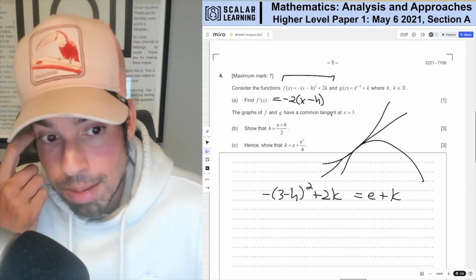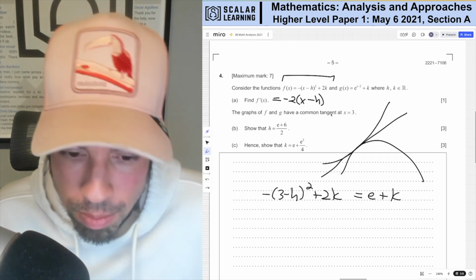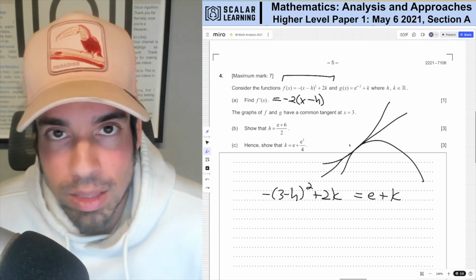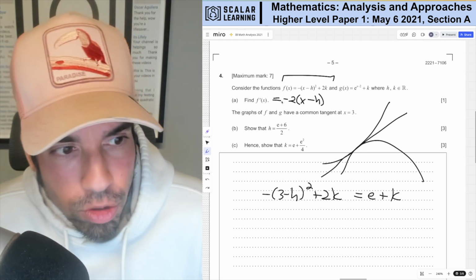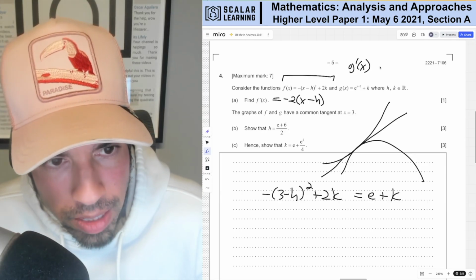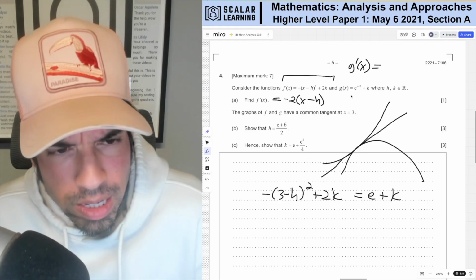Well, again, as I mentioned, if they have a common tangent, they must have a point of intersection, and that common tangent is going to share the same slope at that point of 3. So I already got the derivative f prime of x. Let's take the derivative of g of x, and we're going to get a value for the slope when x is equal to 3 in both of these functions.